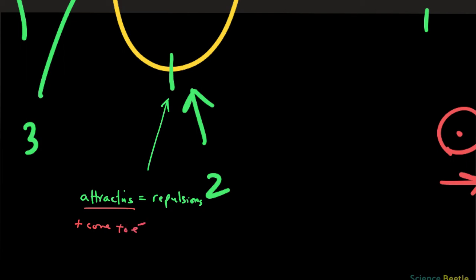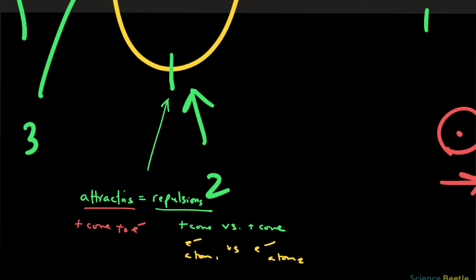And then the repulsions we're referring to here are the positive core of one atom to the positive core of the other, as well as the electrons of one atom versus the electrons of the other atom. That's what's occurring here. When they're balanced and equal, this is where we're going to see the bond formation.